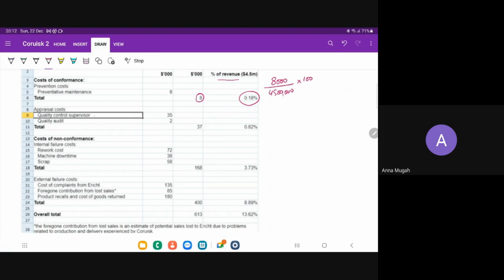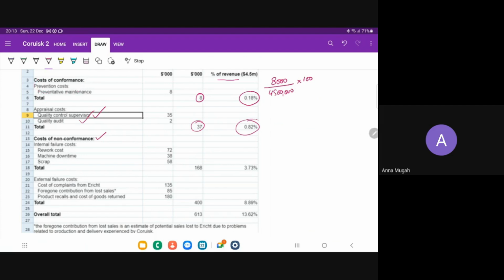Then appraisal cost: quality control supervisor, quality audit. We are spending 37,000 on appraisal cost, which is approximately 1% of the revenue. Cost of non-conformance. Non-conformance is if you're not doing anything well, what will be the cost of that? Conformance means the cost to prevent the losses before passing it to the customer.